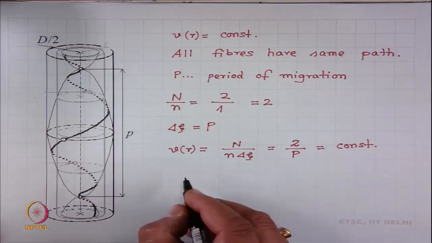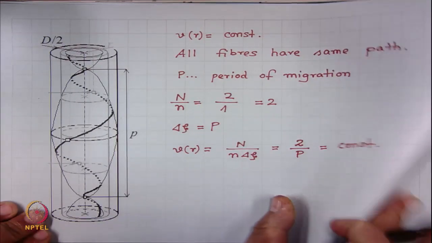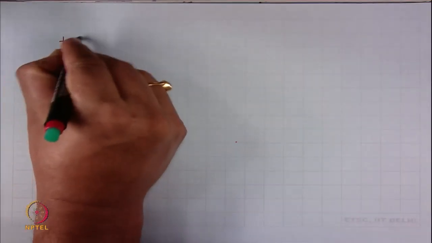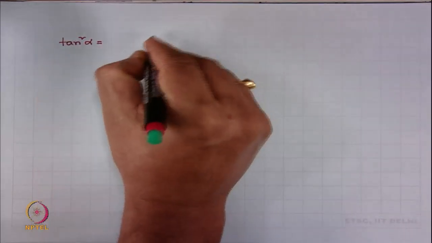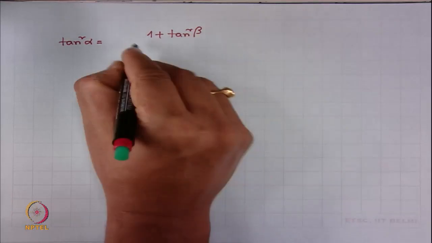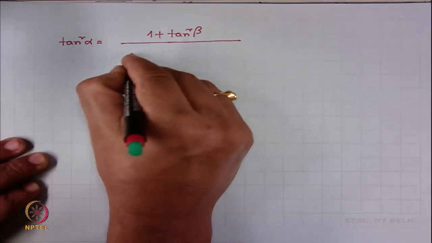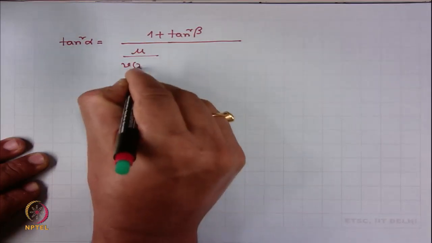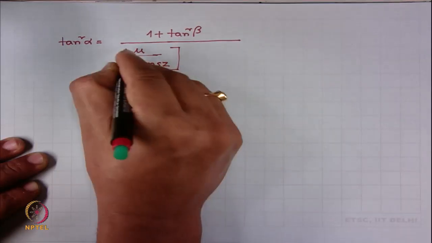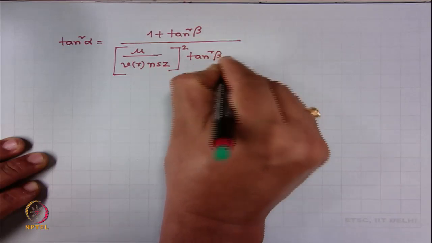Then we come back to our equation, tan square alpha is equal to 1 plus tan square beta into mu by nu r n s z square tan square beta minus 1.